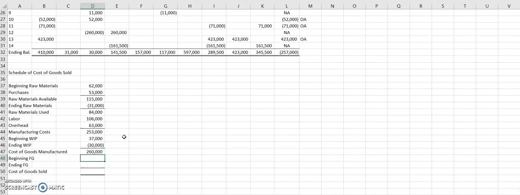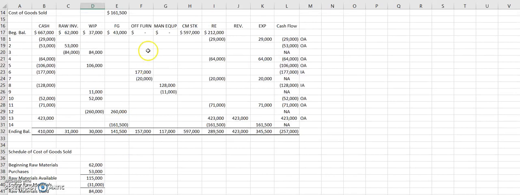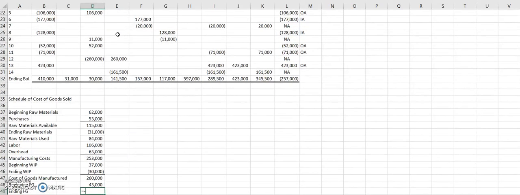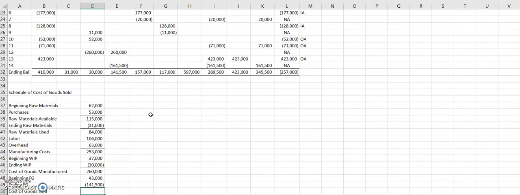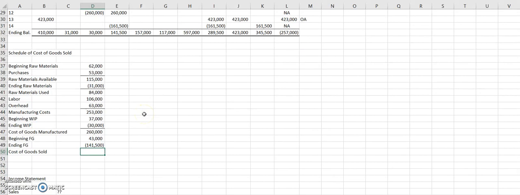$260,000. Our beginning finished goods inventory was $43,000, and our ending finished goods inventory was $141,000. So we saw a big increase in our finished goods inventory during this period of time.